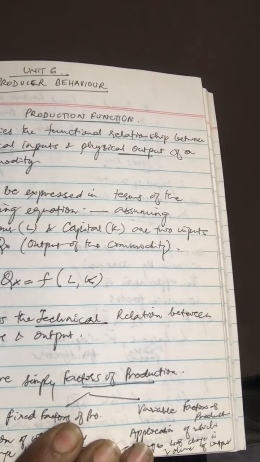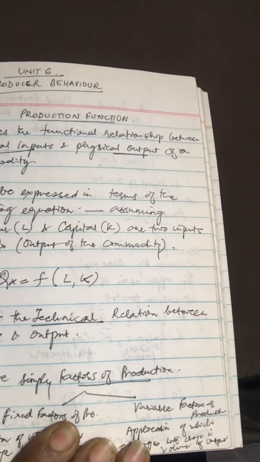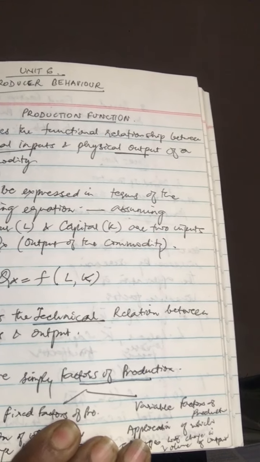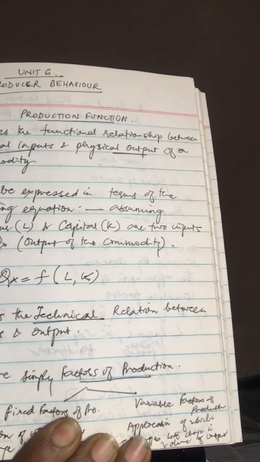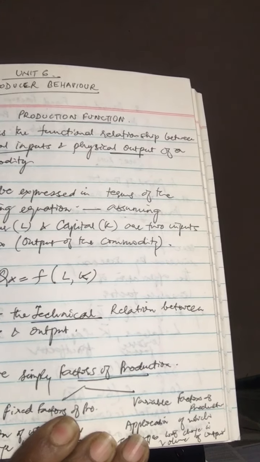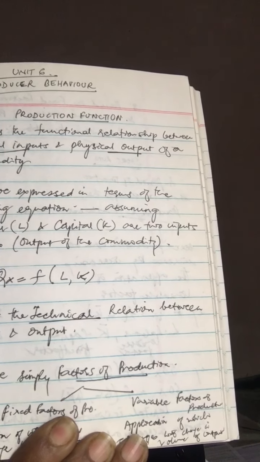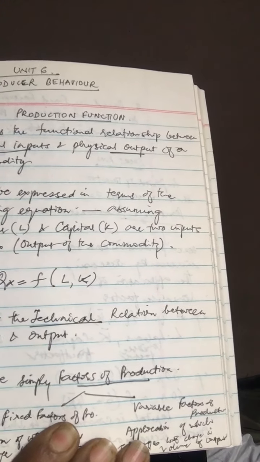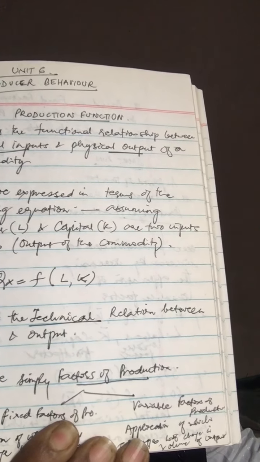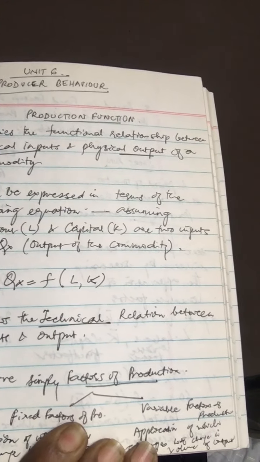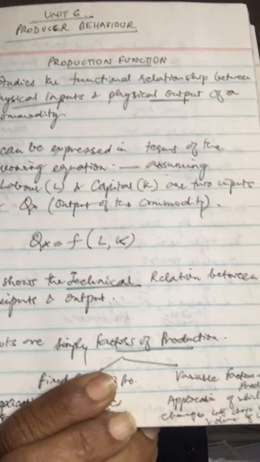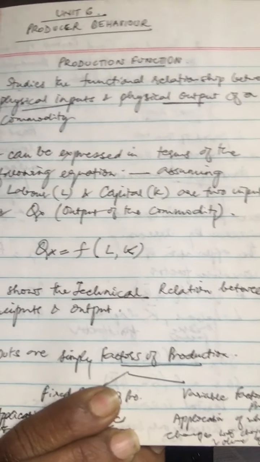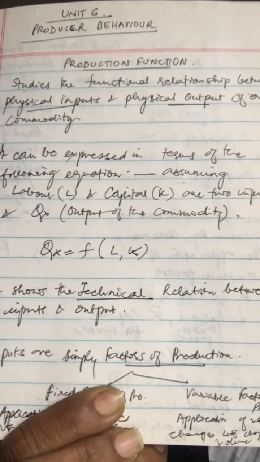Usually it is expressed in terms of the equation Qx = f(L, K). Qx is the physical output of the commodity, L is the physical input of labor or units of labor, and K is the physical input of capital or units of capital. So it shows a functional relationship between input and output.